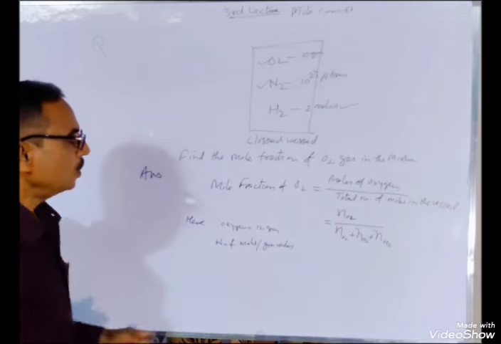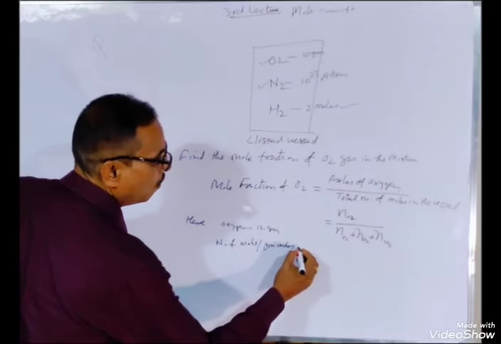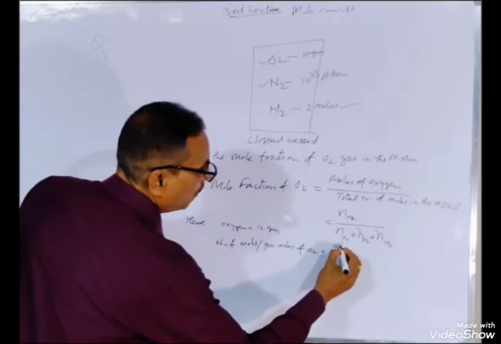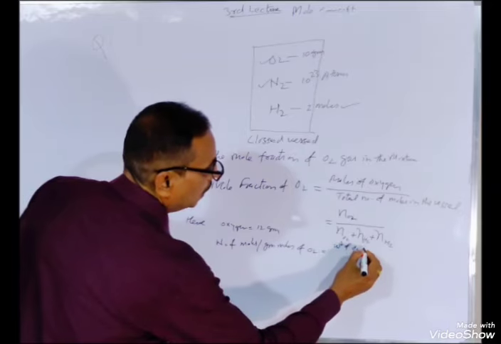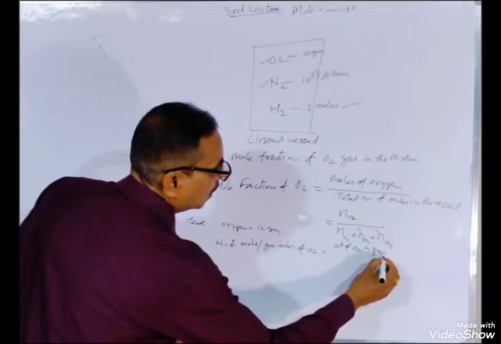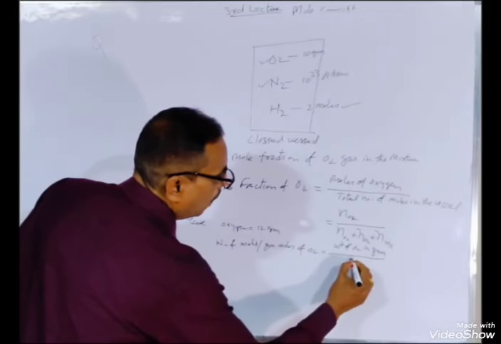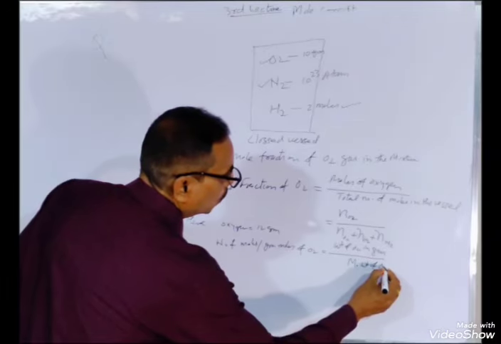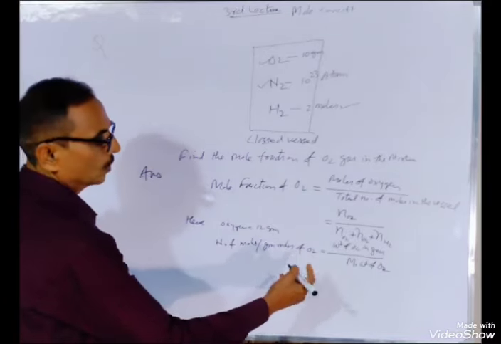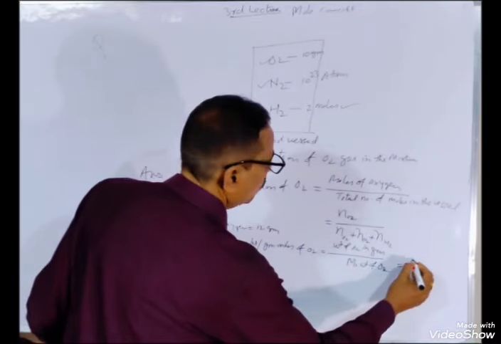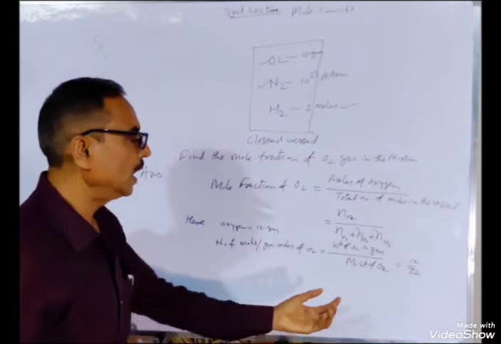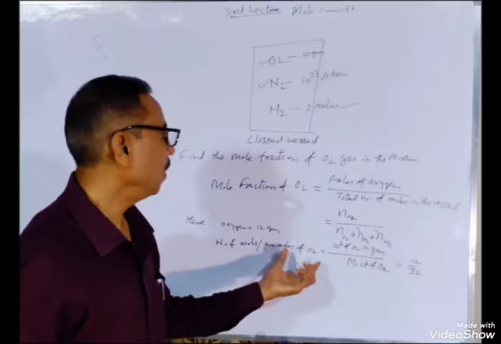The number of gram moles of oxygen is the weight of oxygen in grams divided by the molecular weight of O2. O2 is 32, the weight is 12, so 12 by 32. These are the number of moles of oxygen.